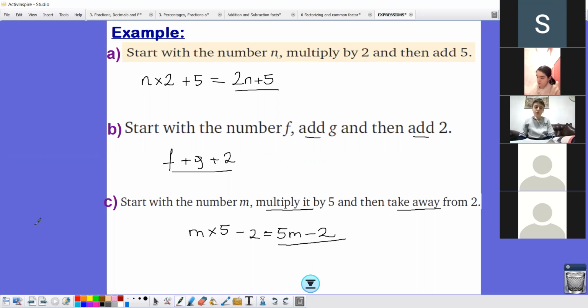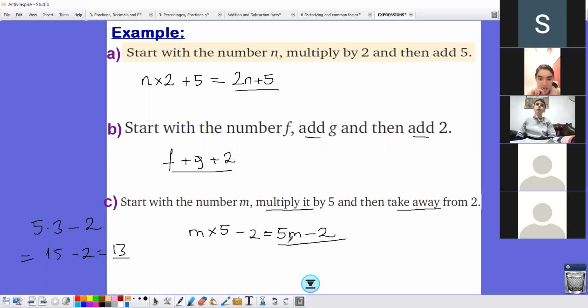For example, if we know 5 times 3 minus 2, firstly you multiply to get 15, then 15 minus 2 is 13.